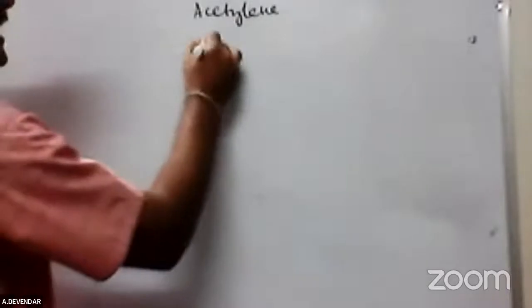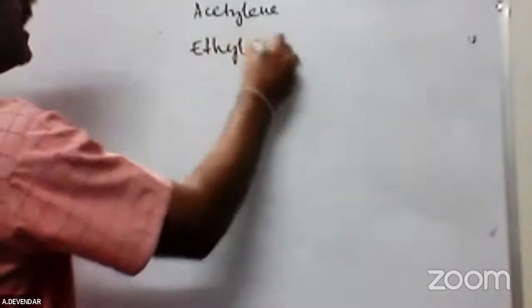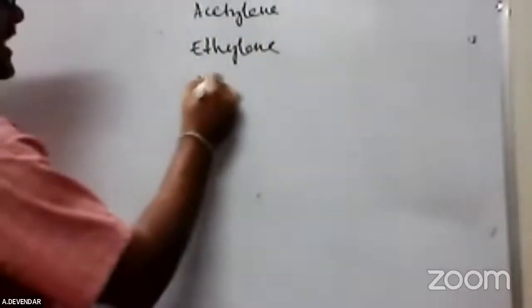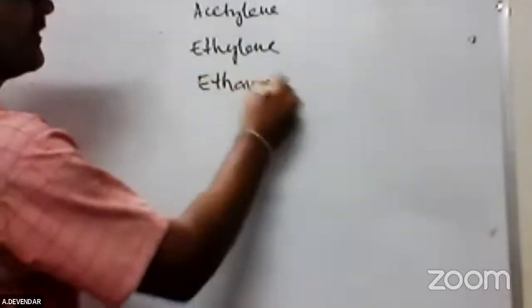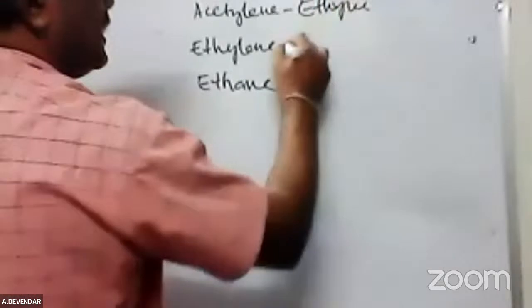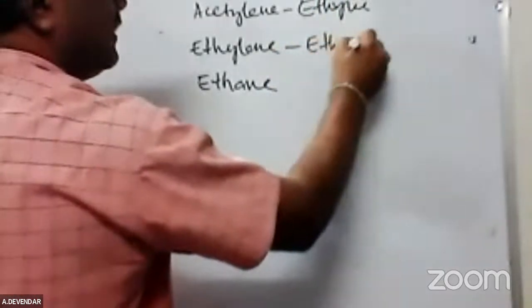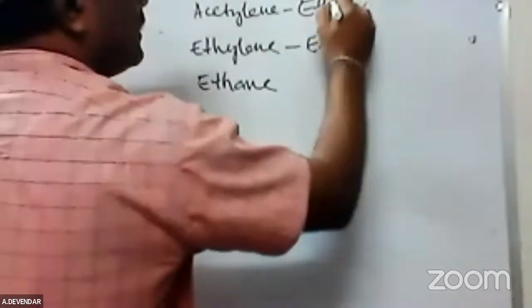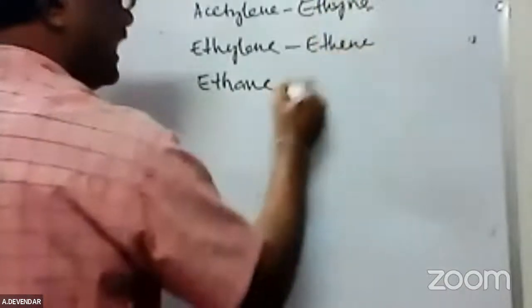First member of alkenes is ethene. First member of alkanes is ethane. So ethyne, ethene, and ethane, I am using these 3 names for comparing.